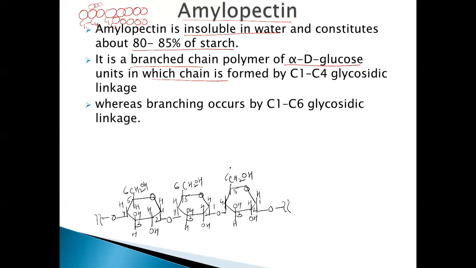Whenever there is a branching, C6 of this is linked to the C1 of another one. So I'll write here the C1 carbon atom. So this is oxygen. So H, OH, H, OH, OH, H, H, OH, CH2OH, and H. So this is the first carbon atom.